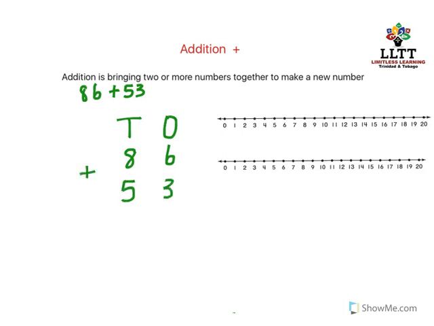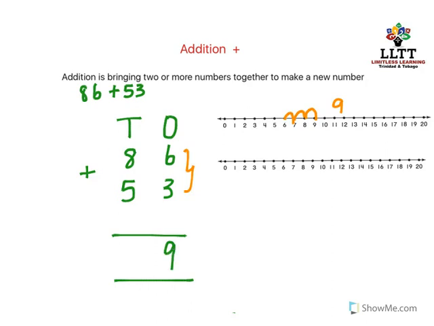I'm going to be adding, and I put my equal sign. So 6 plus 3, I'm going to start at 6 because I'm adding my ones. I start at 6 and go 3 to the right. 1, 2, 3. That's 9. 9 ones. So I put 9 in my ones column.